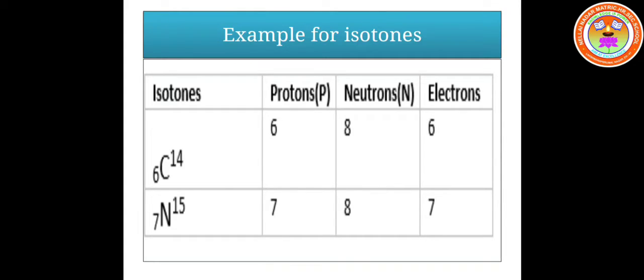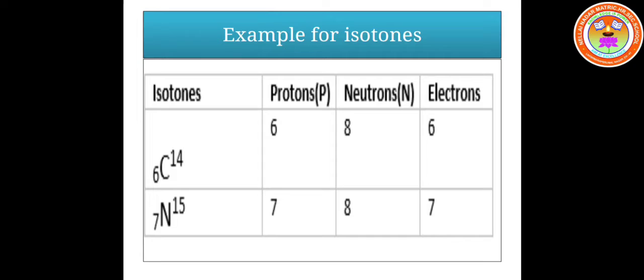Now when we calculate the number of neutrons, we have to subtract the atomic number of that element from its mass number. So for calculating the number of neutrons in carbon 14 isotope, we have to subtract 6 from 14. So we get 8, the number of neutrons present in carbon 14 isotope. Now for nitrogen 15 isotope, subtract 7 from 15.